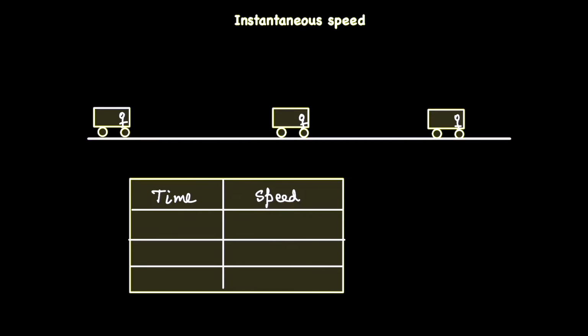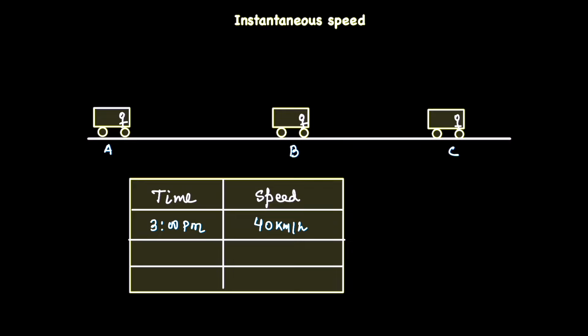How can we understand instantaneous speed? Let's take an example. As you see, these are three different positions of a car. Let us assume when the car is at position A, the time was 3 p.m. At that time the speed of the car was 40 kilometer per hour.